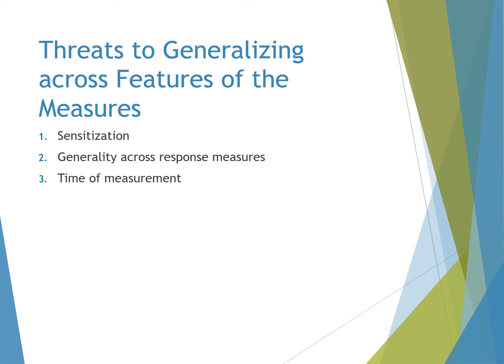For example, if we look at a weight loss program, we might find it's more effective than a control group 3 months out. But if we measured weight loss at 9 months, we might see that it's actually not effective. So even if we're measuring longitudinally, we're only getting a snapshot of what's happening.